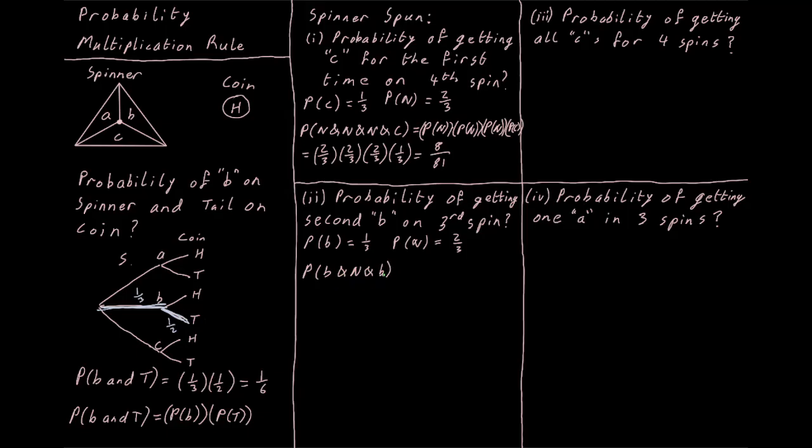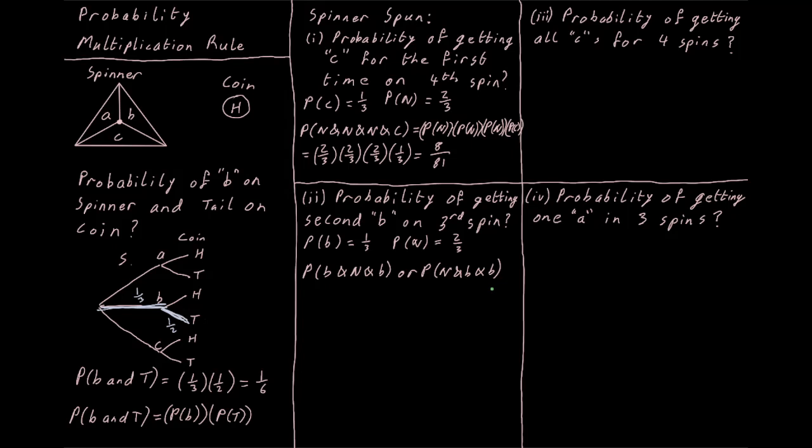Well, that would be getting the second B on the 3rd spin. But we could also have gotten not a B on the 1st spin, and then we could have gotten a B and then a B again. And that meets our description as well. That's still getting the second B on the 3rd spin.